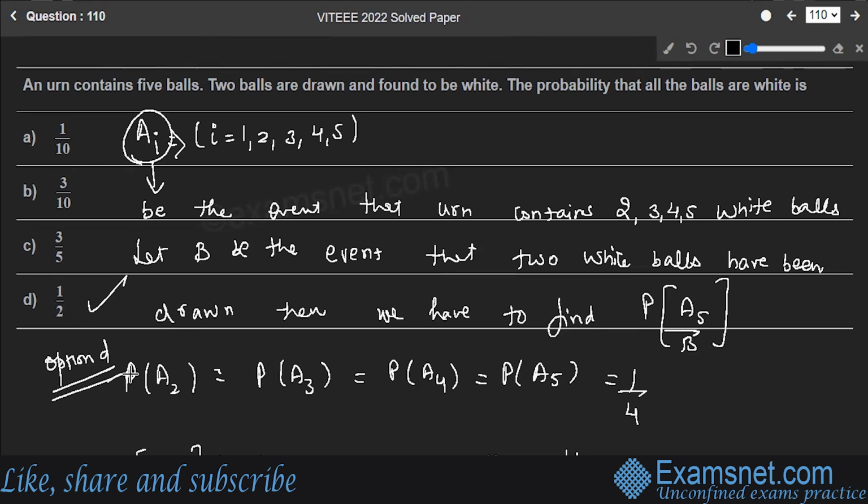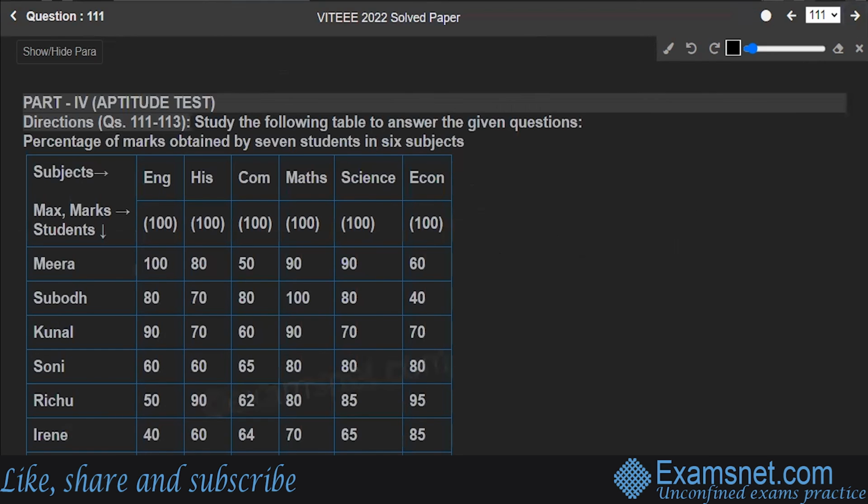Hope you understood this. Let's move to the next question, 111. You are having some aptitude tests. These are questions 111 to 113. Part 4: all the further questions will be aptitude, and these are the directions for questions 111 to 113.